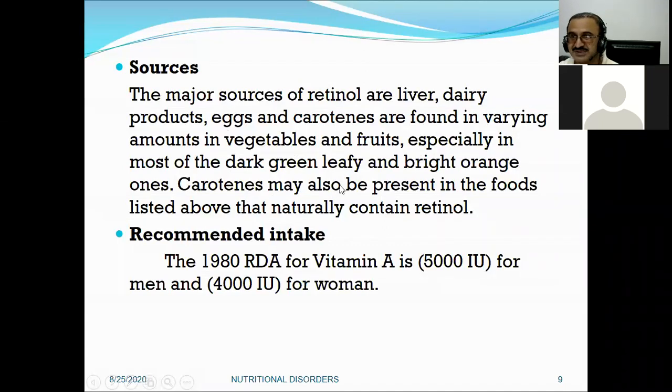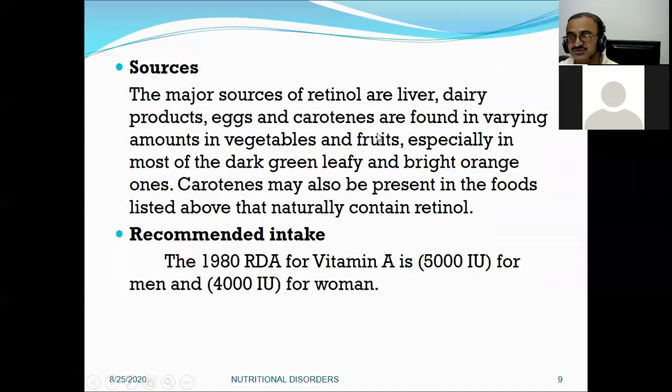So carotenes may also be present in the foods I have told you. The RDA is 5,000 international units for men and 4,000 international units for women, the daily recommended allowance of vitamin A.